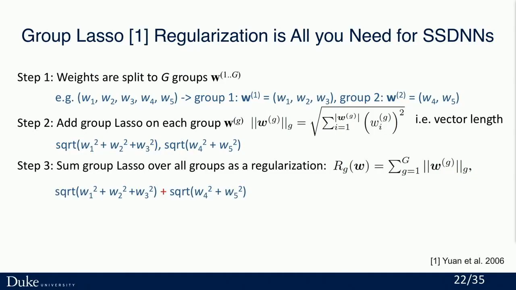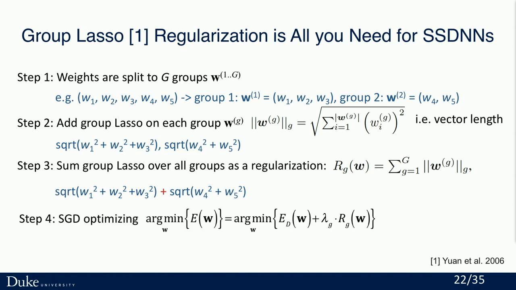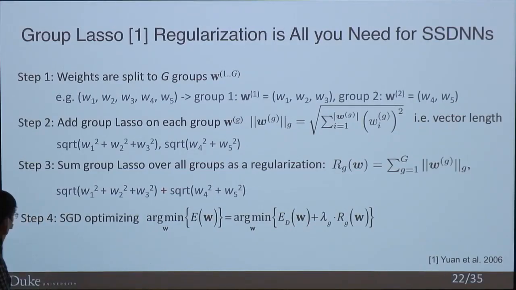Then we add all those group lasso regularizations as one single regularization, and we add it to our data loss function, like cross entropy. So we just learn it end to end using stochastic gradient descent.